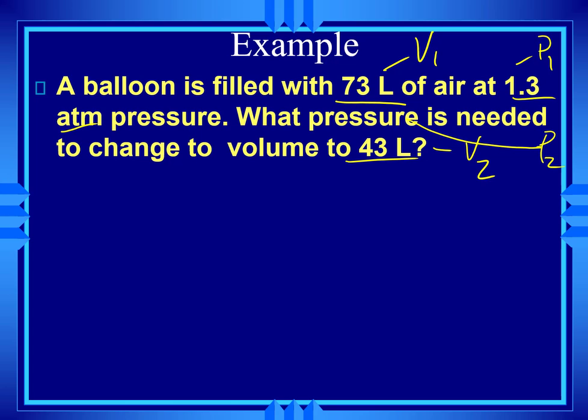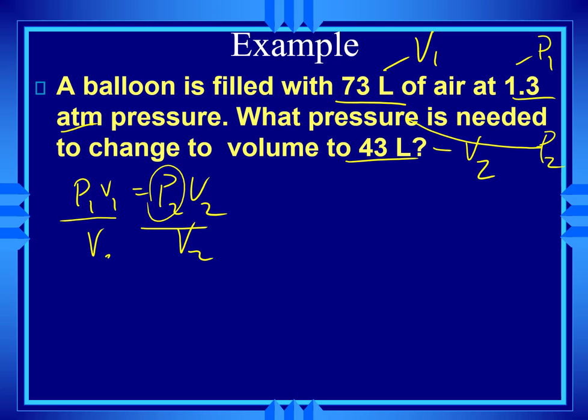Do we know of an equation that has those 4 pieces in it? Because now we're on our second equation, so now we get to choose. I want the one with pressure and volume. That would be P1 V1 equals P2 V2. I want to solve for P2, which means I had to divide by V2. So P2 equals P1 V1 over V2.